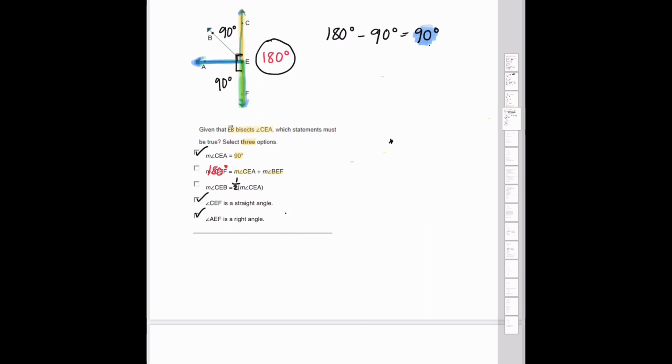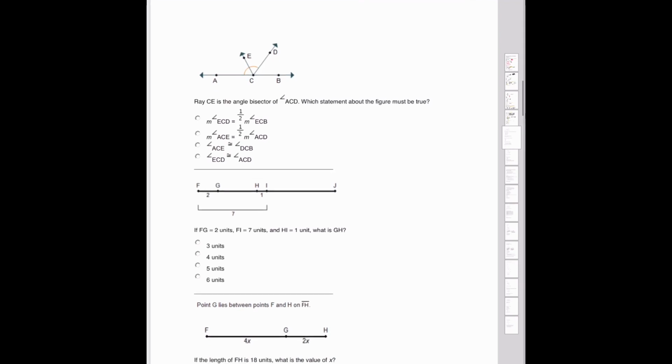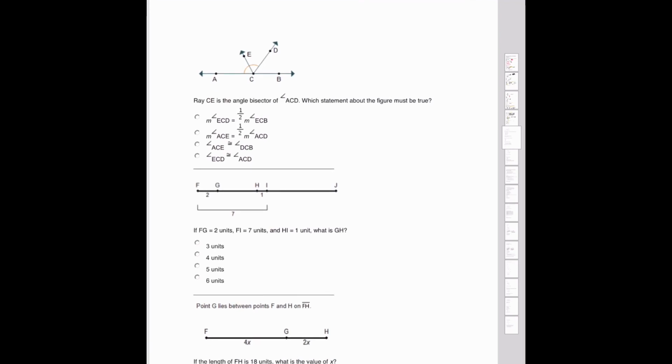Let's move on to the next question. This question is telling us that CE is the angle bisect of ACD.